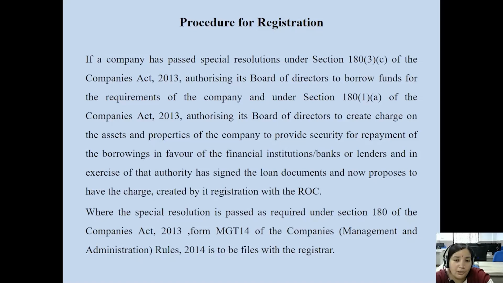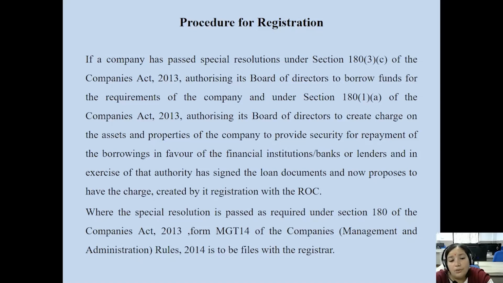So you can create a charge over your properties by taking a resolution in the board meetings or general meetings of the company. It must be passed, for the purpose of implementation and execution of the certificate of charges, or for creating a charge over the assets of the company.